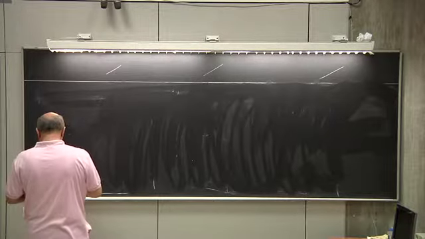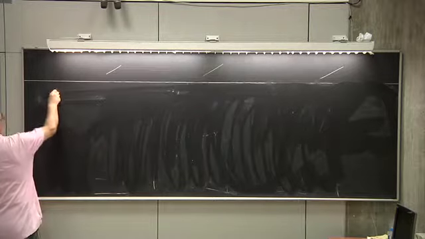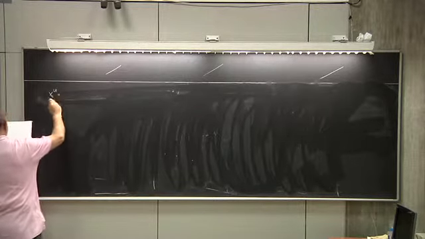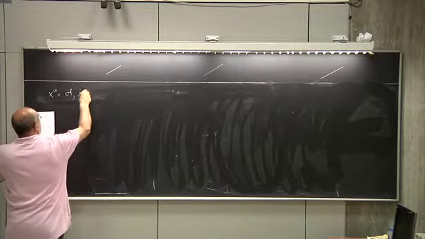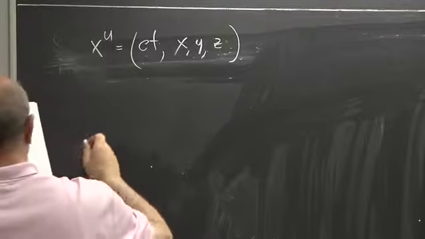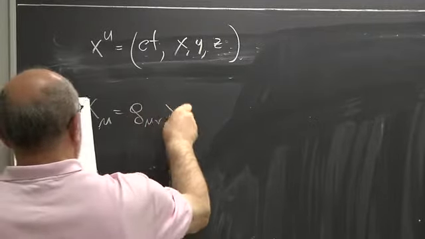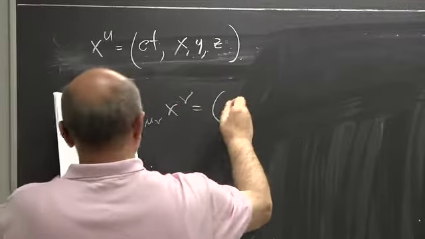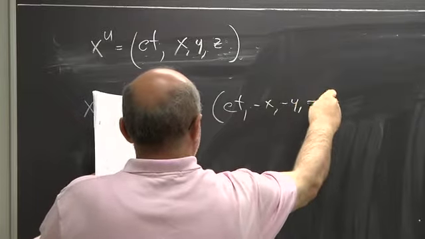So let's now specify all these notations. The contravariant one is this vector, and then the covariant one is g mu nu x nu, and then you get ct, minus x, minus y, minus z.